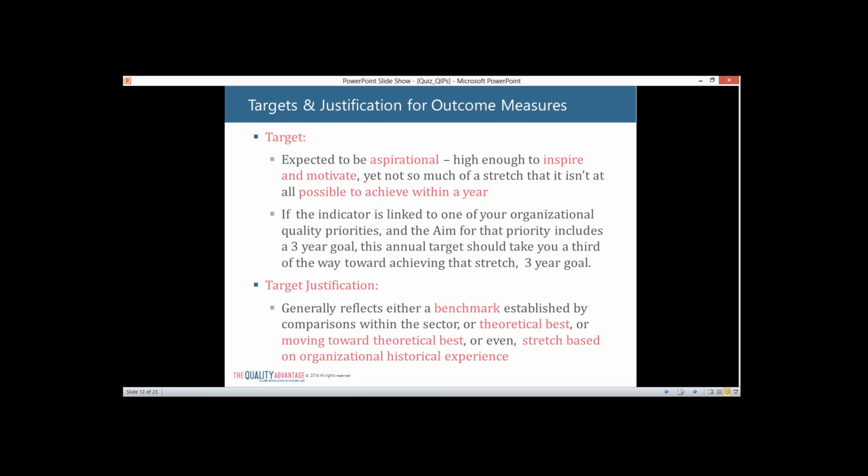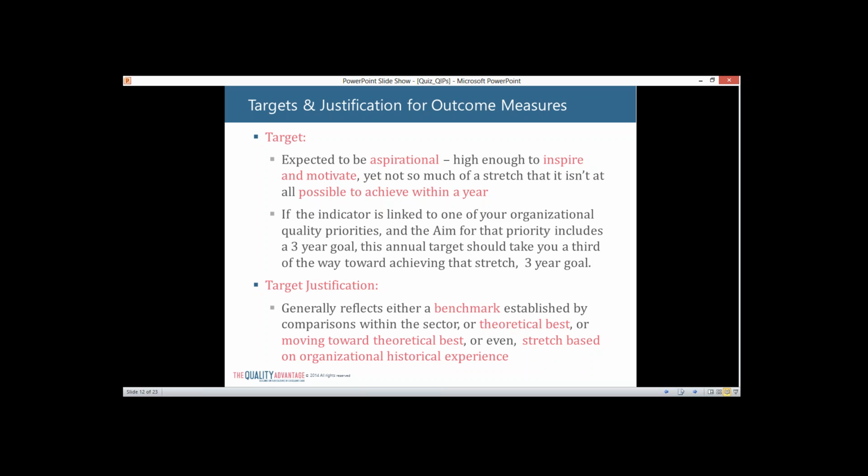Target justification. There are a whole variety of ways in which you can justify the target that you've set. Oftentimes, it's a benchmark that would be established through comparison within the sector. So, for example, that you want to be within the top 10th percentile, or you want to be within the top 25th percentile, or that you want to match the performance of a particular organization that you know of in the sector. It could be theoretical best.